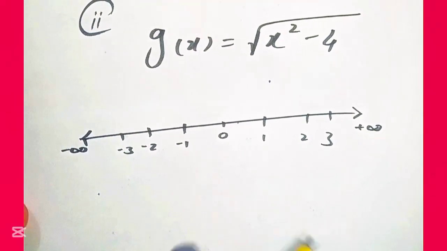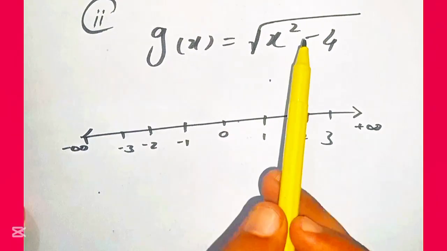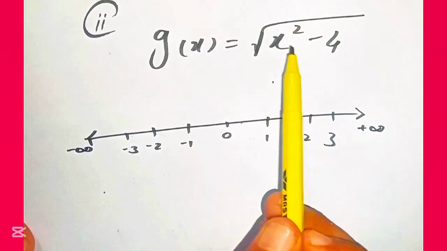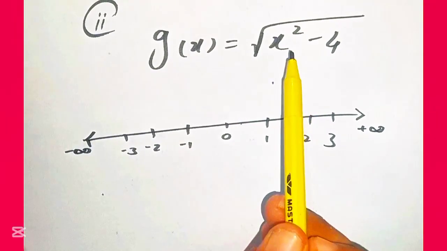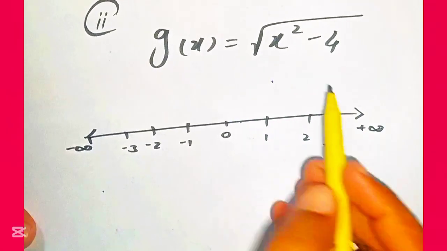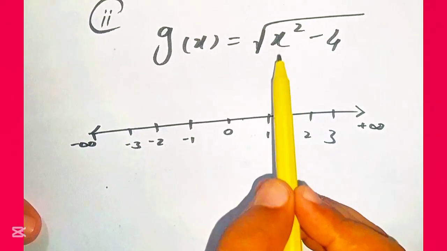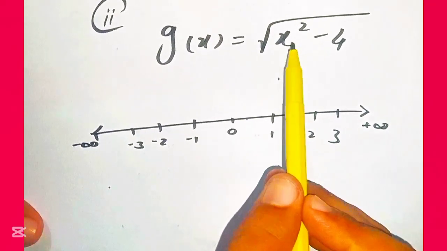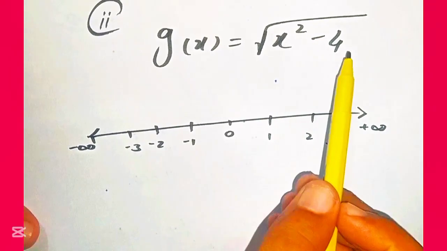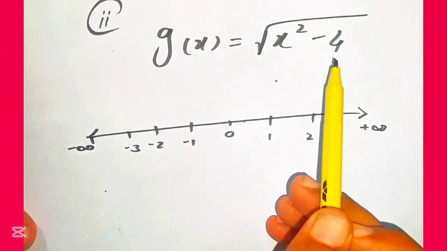Now we remember these two conditions: inside a square root there can't exist a negative number. So if we put 2, 2 power 2 is 4, 4 minus 4 is equal to 0, and 0 is a real number.